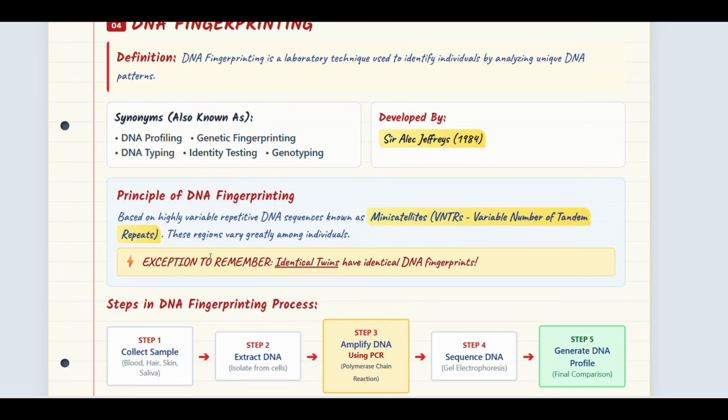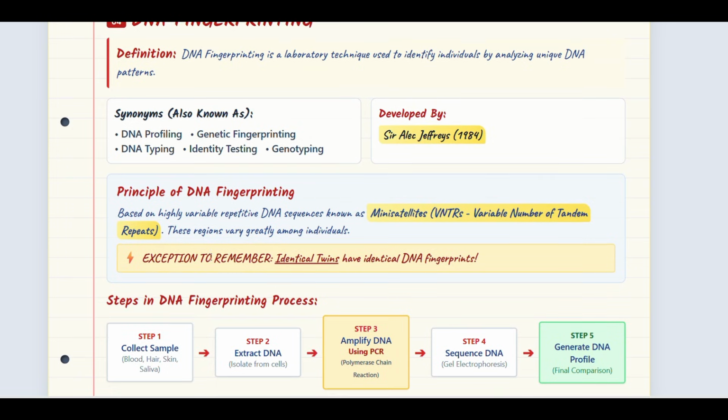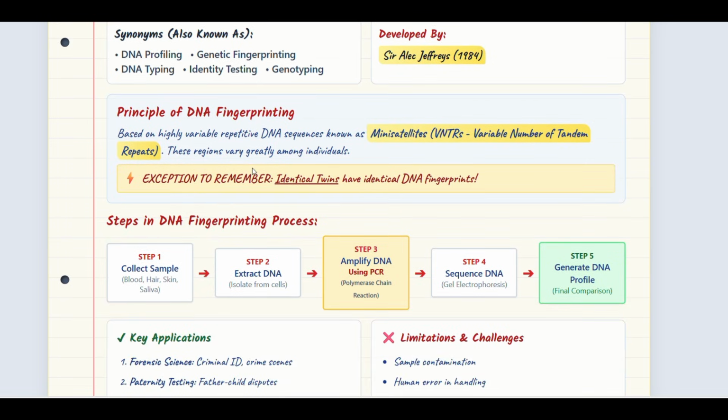These repeats vary greatly from individual to individual. An exception to remember: identical twins have identical DNA fingerprints.